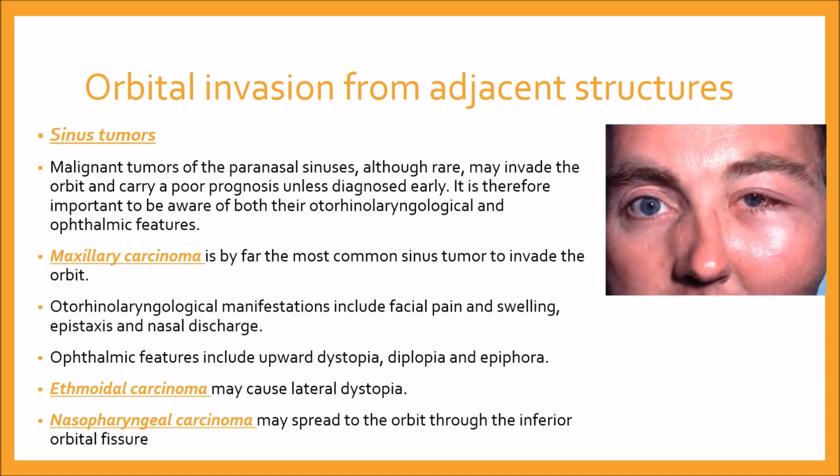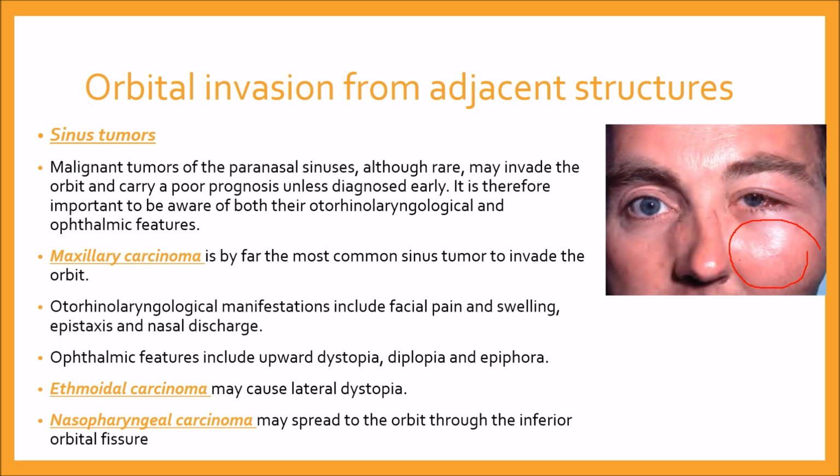Maxillary carcinoma is by far the most common sinus tumor to invade the orbit. It is also shown in the picture here on the left side. You can see a clear-cut change in the facial features here, and it is causing facial swelling and upward dystopia.